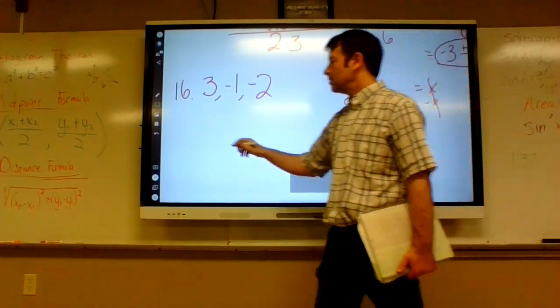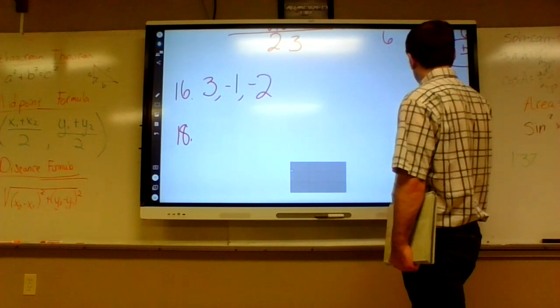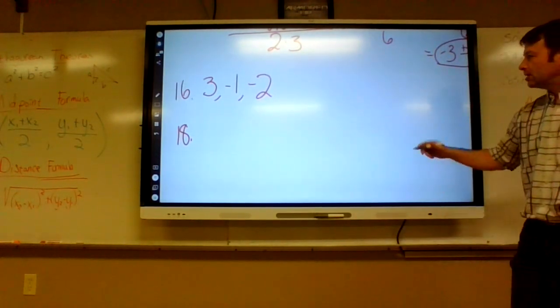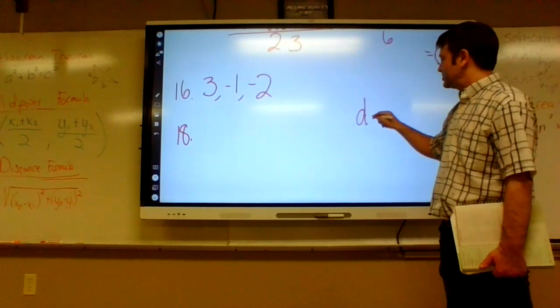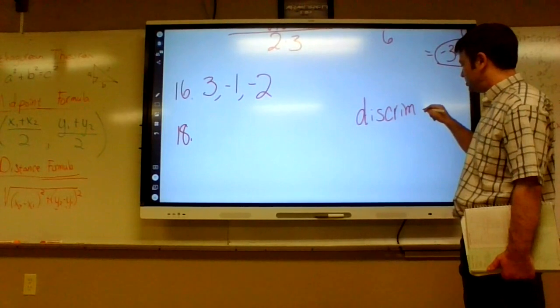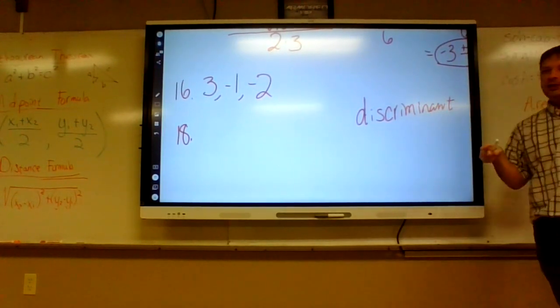Discriminant. Is there one? Okay, it said we didn't have to solve this one. Discriminant, we probably did it last Tuesday or Wednesday. Discriminate doesn't mean a bad thing. Discriminate means to tell the difference.